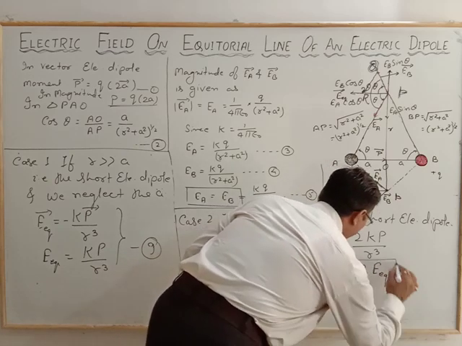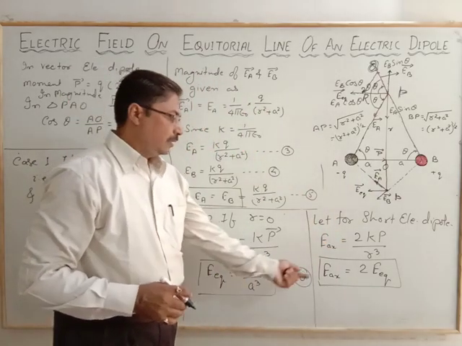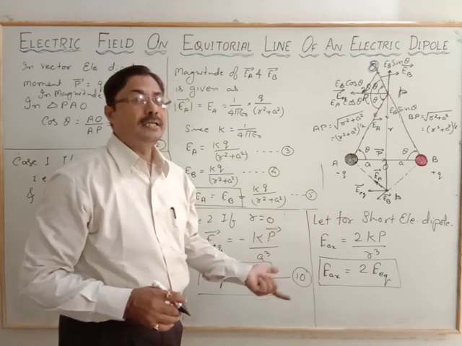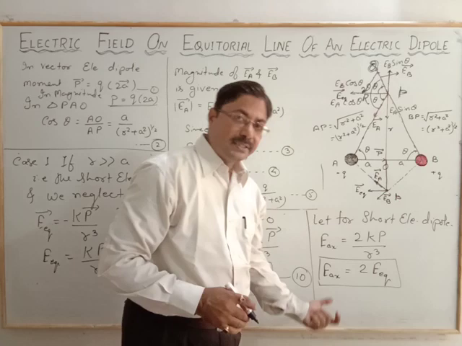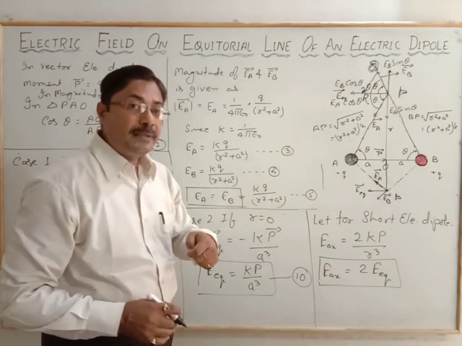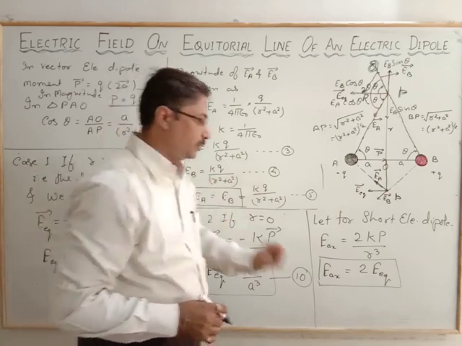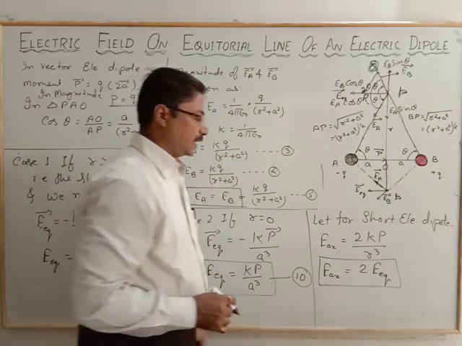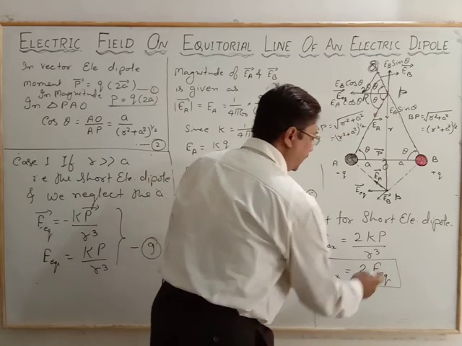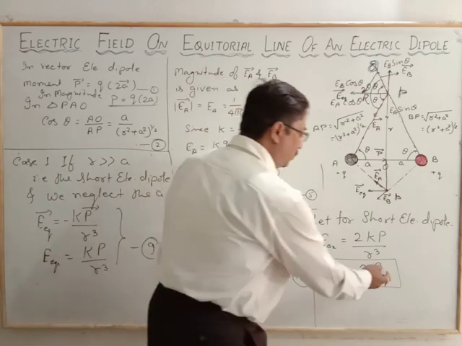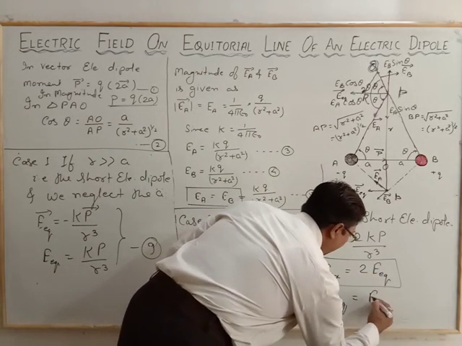This is a very important, very common relation, asked in examinations, in competitive examinations, and sometimes for short and understanding questions also. The electric field at the axial is twice the electric field at the equatorial, or the equatorial is half of the axial.